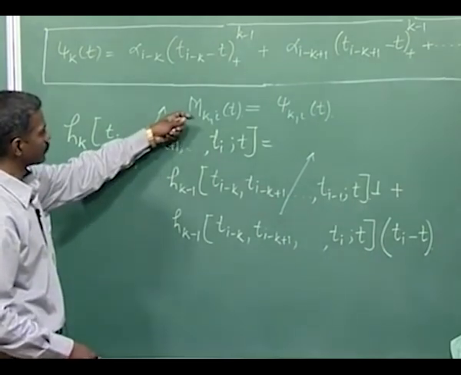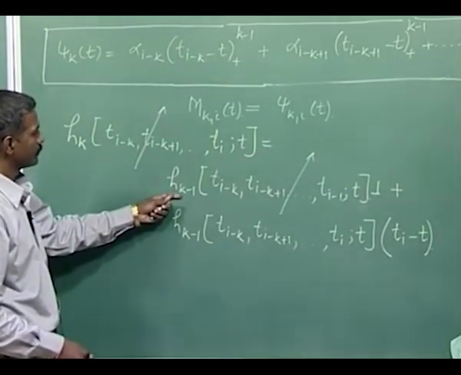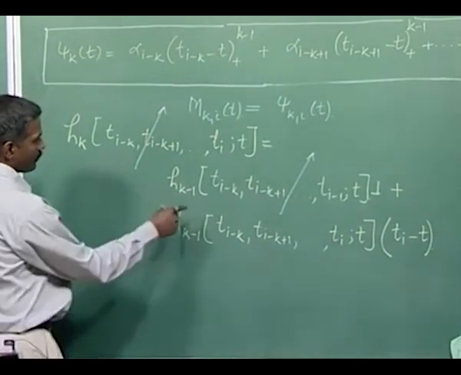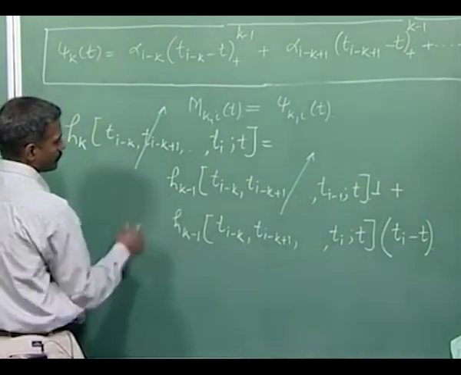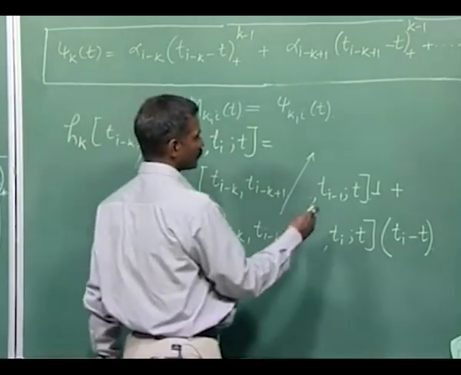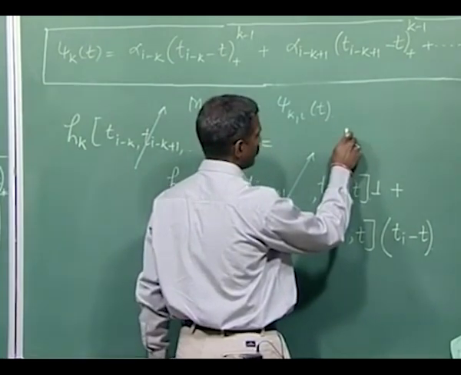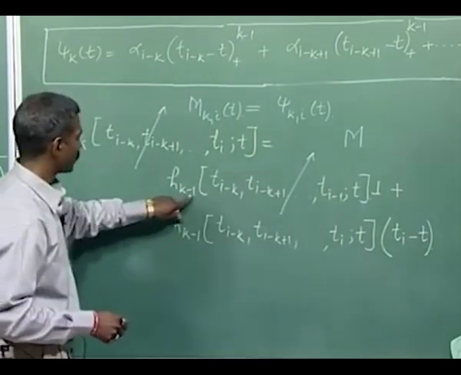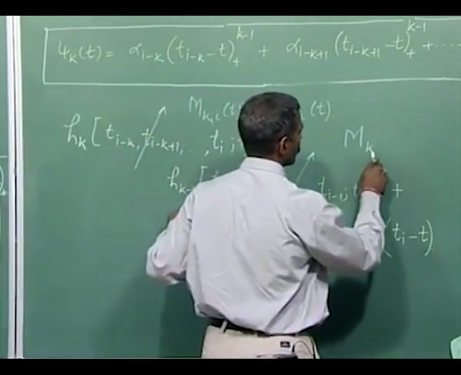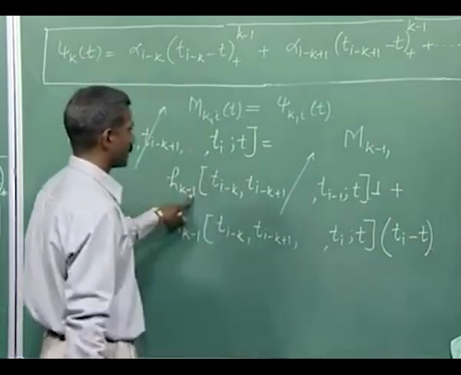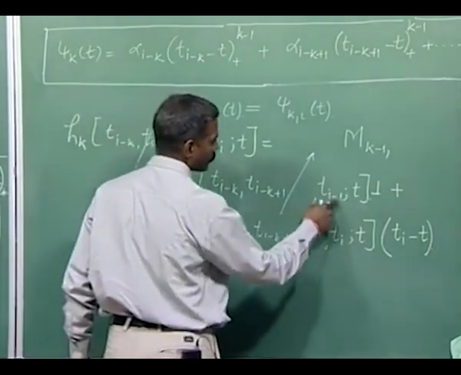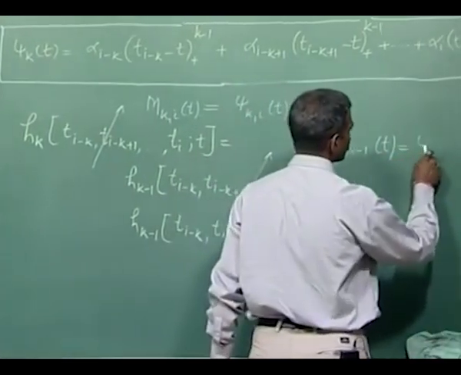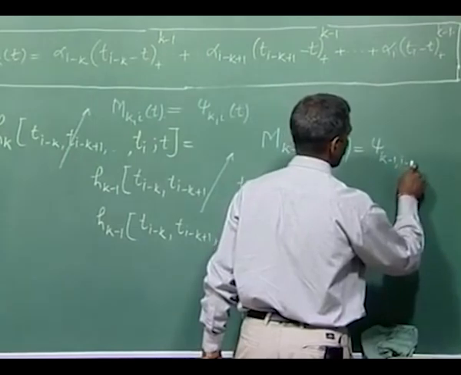By the same argument that we have used here, this corresponds to the (k-1)th divided difference of the order k minus 1 truncated power function. So this would be a spline, a B-spline basis function. What is the order? The order is k minus 1, of course. And what would be the last knot? The last knot would be i minus 1. In terms of psi, this is psi_{k-1,i-1}(t).